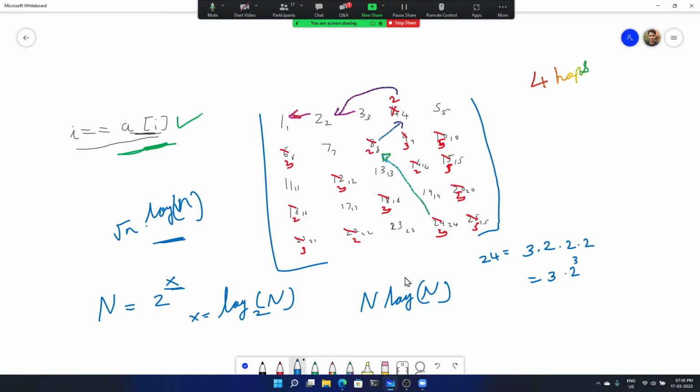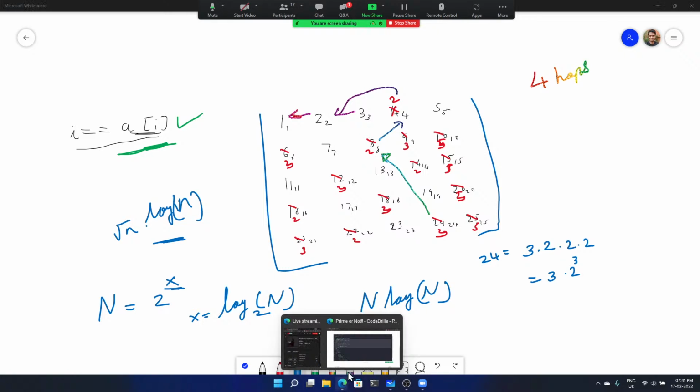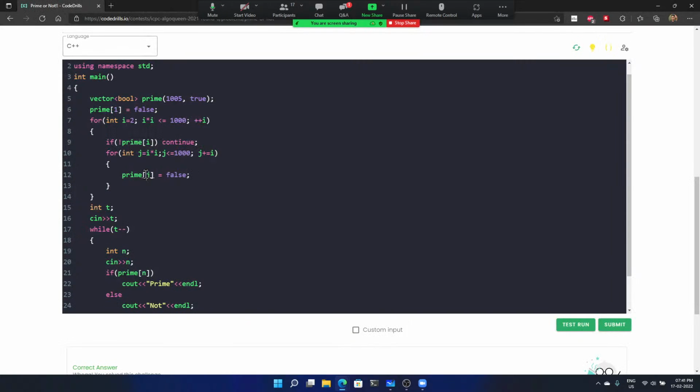So let's go to the code snippet that we had and modify this. Instead of making this boolean, I'll make it int. Now I'll remove true. First I have to assume that all of it is prime.